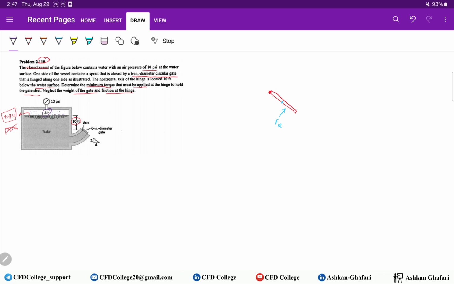This air adds another force here, Fa, for example, due to air. So because of this pressurized air here, another force will act on the gate, which is Fa.